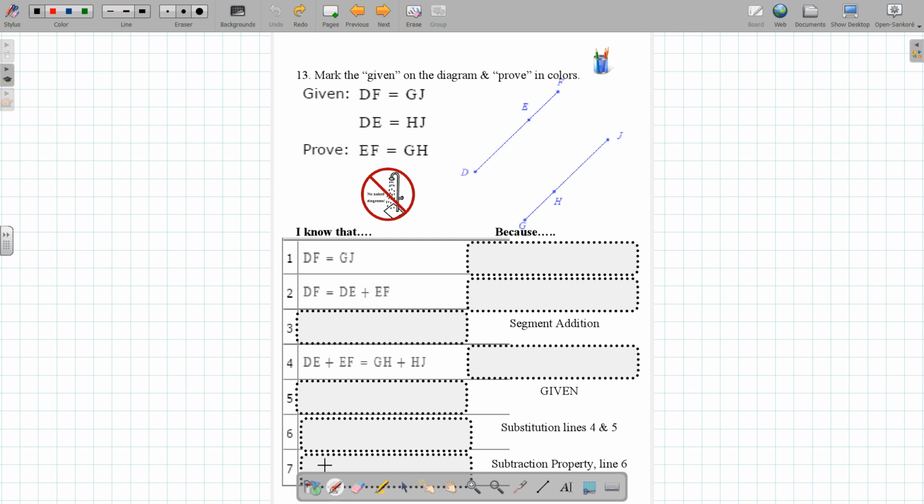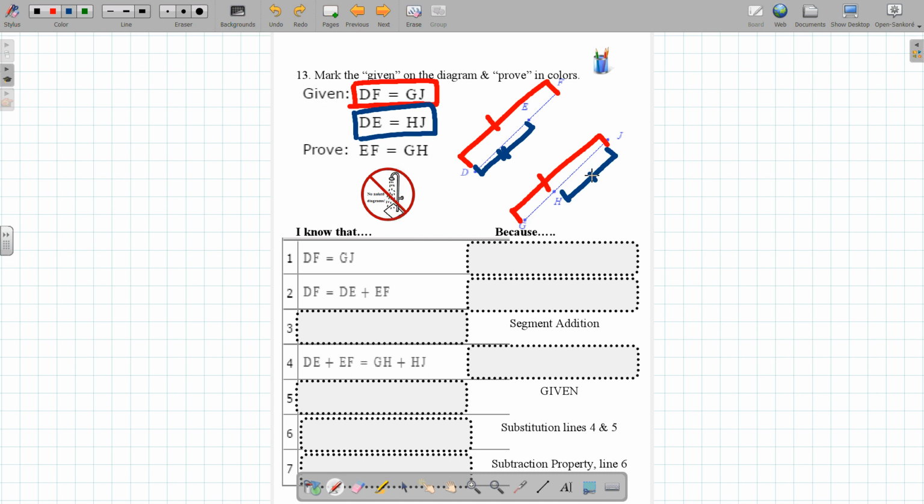Problem number 13, let's at least color code this. We know that DF and GJ are equal, so let's color code them. And we also know that DE and HJ, color code those, are equal.